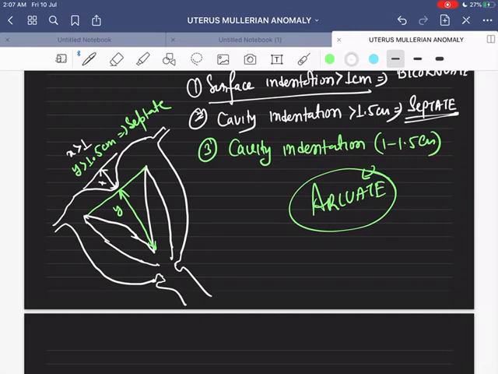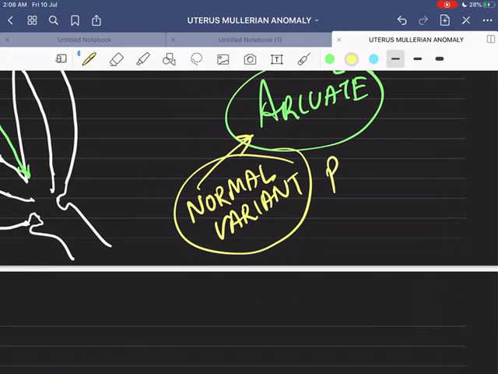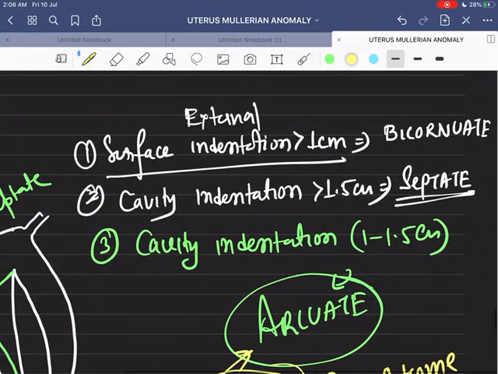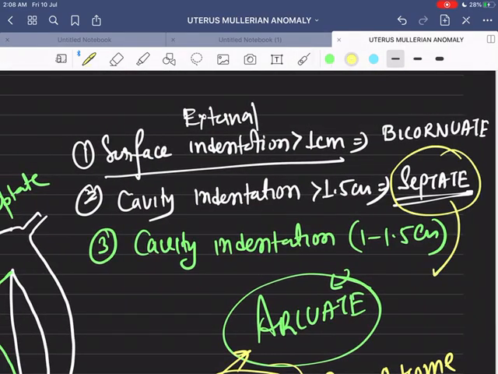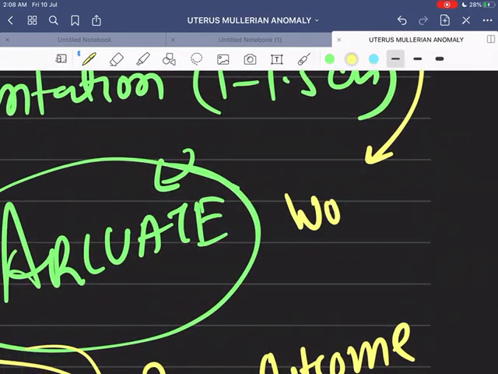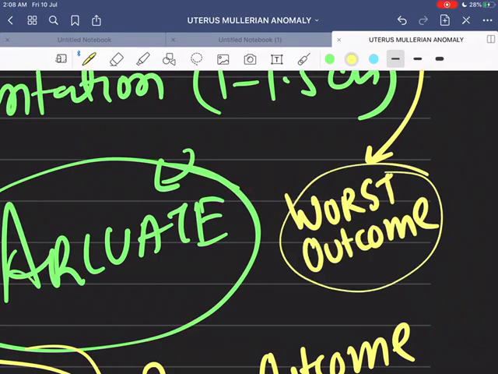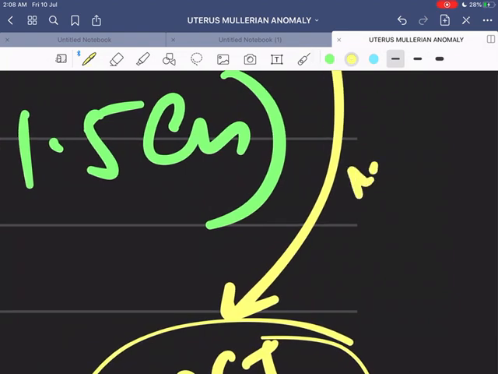Note that arcuate uterus is a normal variant, and its pregnancy outcome is very good, whereas septate uterus has the worst outcome, and it is the most common Mullerian anomaly.